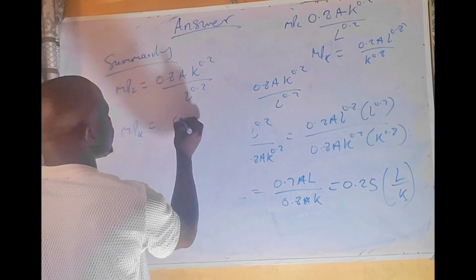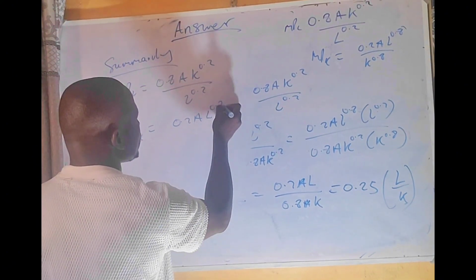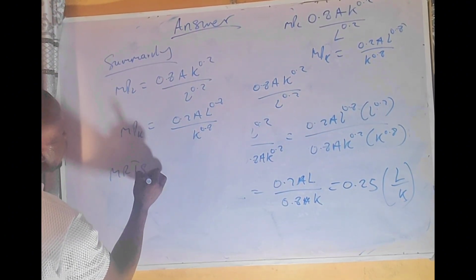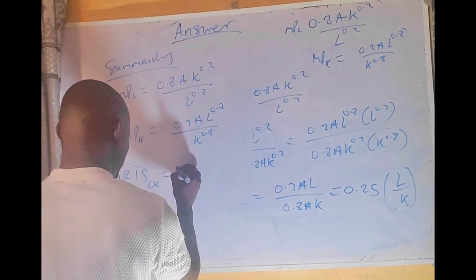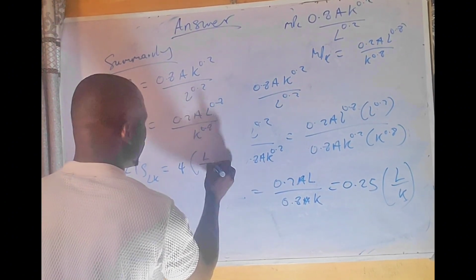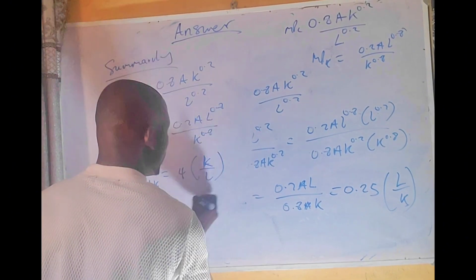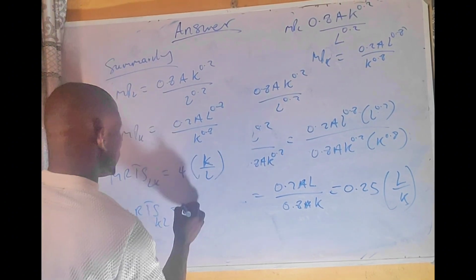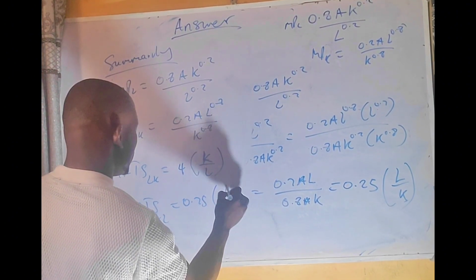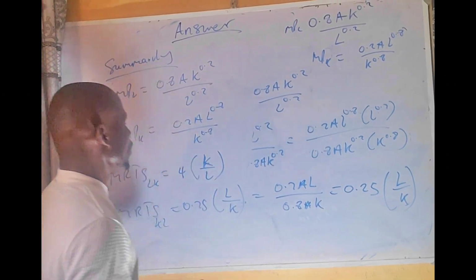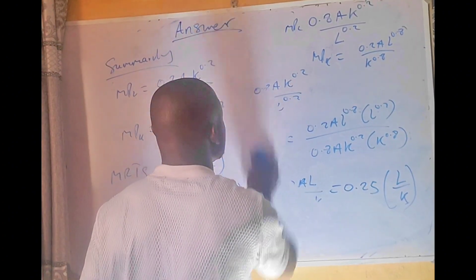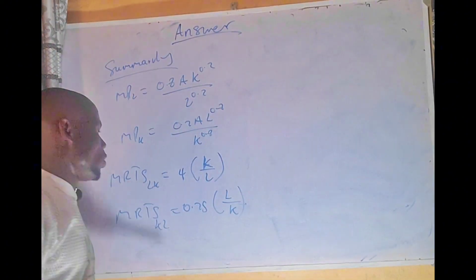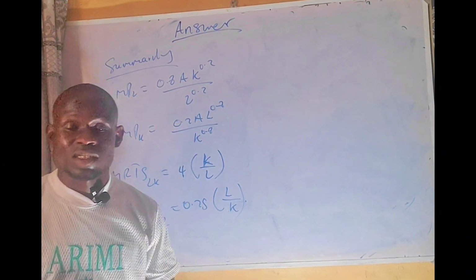Marginal product of capital equals 0.2 A L^0.8 over K^0.8. So the marginal rate of technical substitution of labor for capital is 4 into capital over labor, and the marginal rate of technical substitution of capital for labor is 0.25 labor over capital. And by this you are done with this question. It's as simple as that.